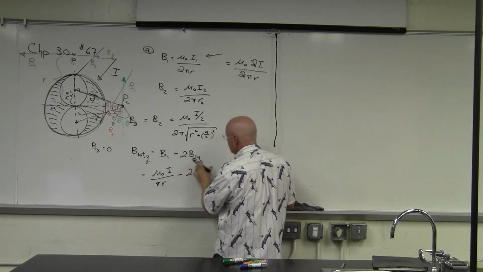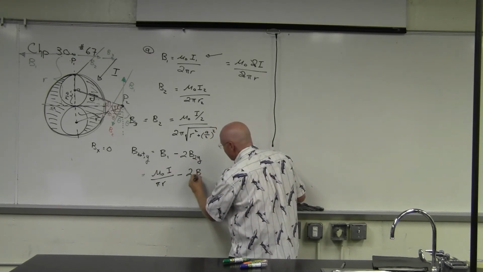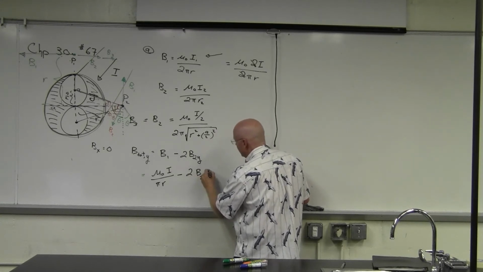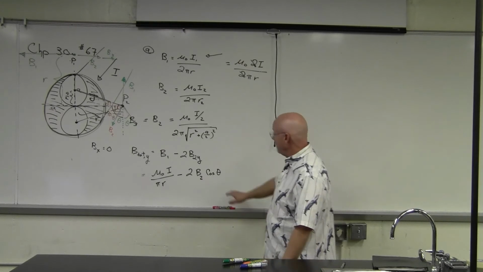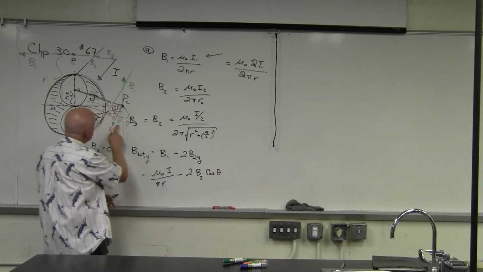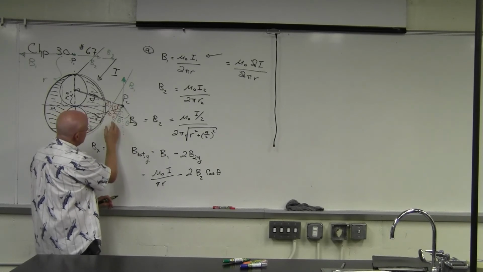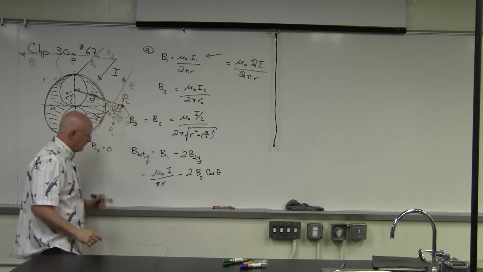And then minus 2 times, and this I'm going to write as the magnitude of number 2 times cosine of the angle. And so coming back to here, that's how I get the y component. I'm looking at the cosine theta and I want the adjacent piece. So that's cosine of theta.